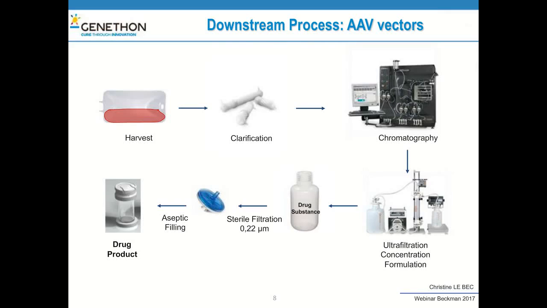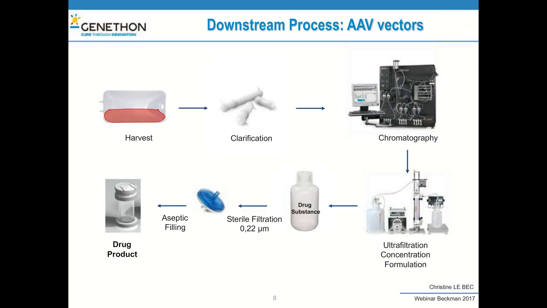After that, I will present just the four on this slide, the downstream process for purification of AAV. So it's four different main steps. From the harvest, you make a clarification of the harvest.